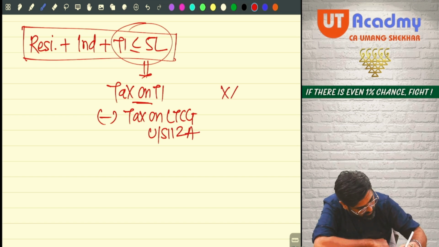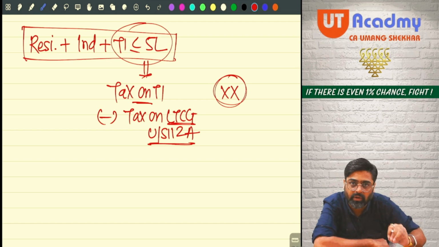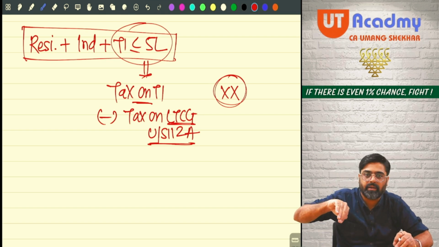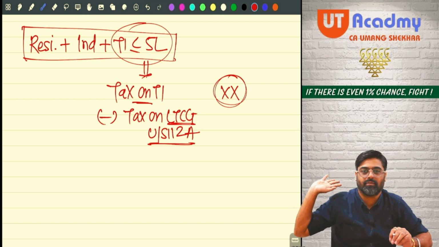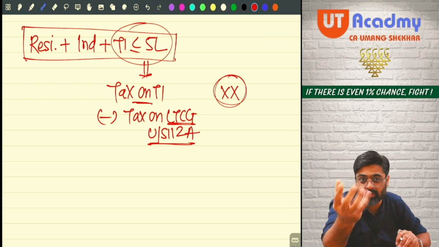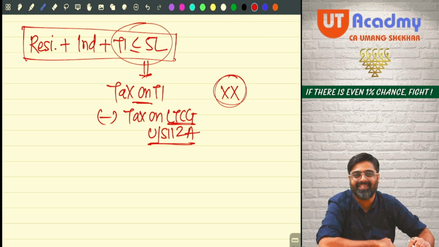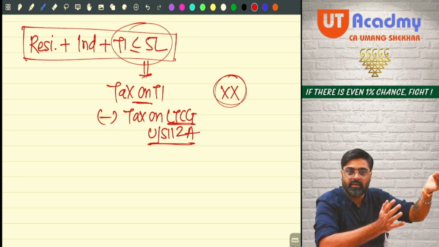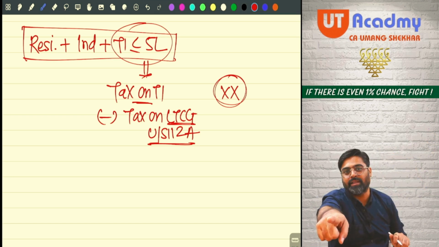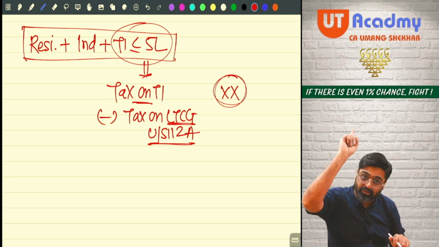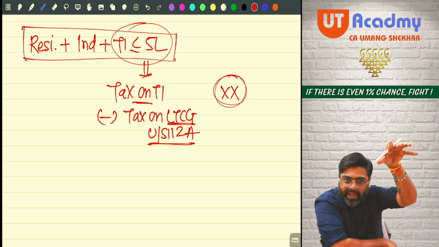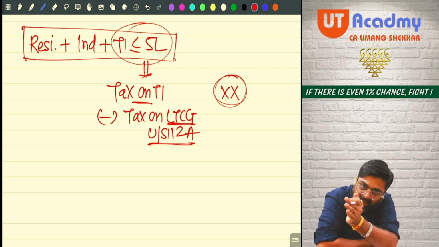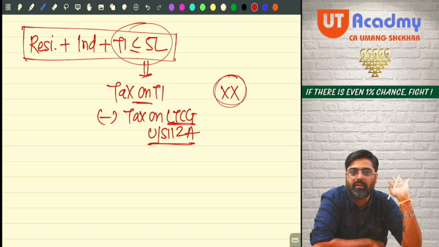So out of the tax, in this tax, if you have calculated tax on long-term capital gain under section 112A, separate it, you have to pay this tax. You cannot take this tax as a rebate. So whatever tax which you want to claim as rebate can be any tax but not this tax. This tax you have to pay. So in your total tax, if you have calculated this tax, separate it, you have to pay this entirely.